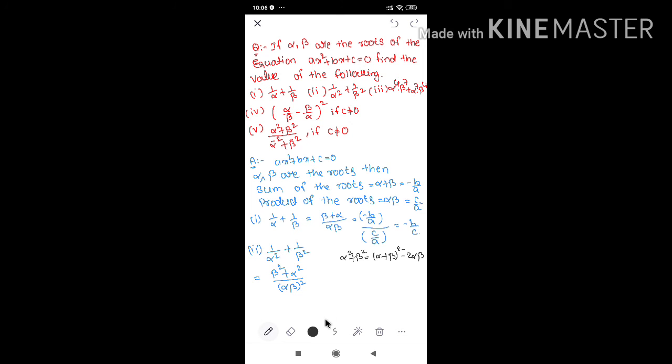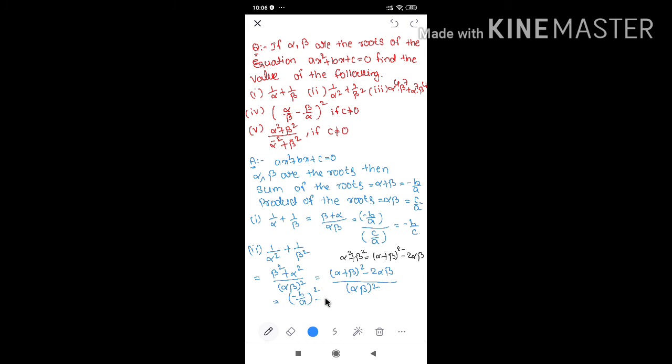That is the formula we need to remember.